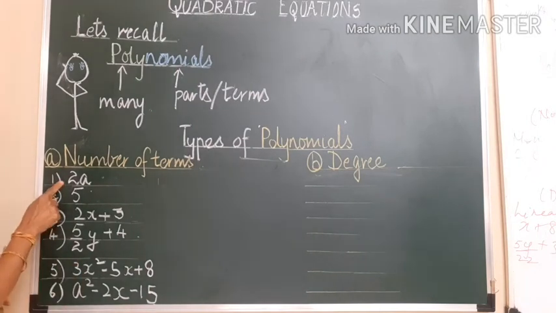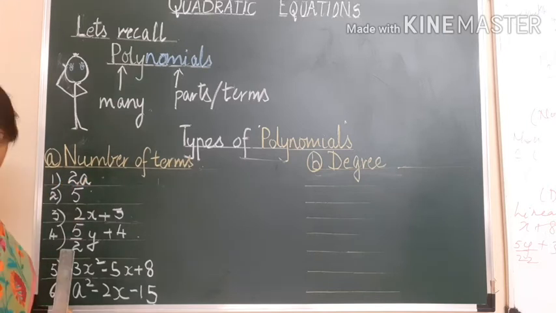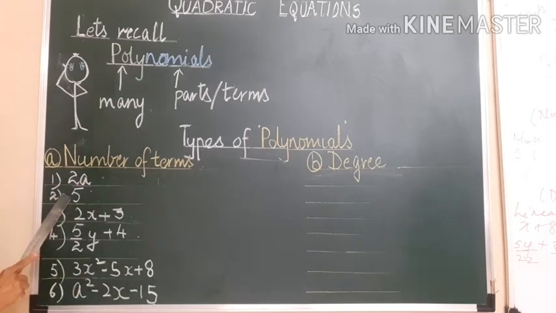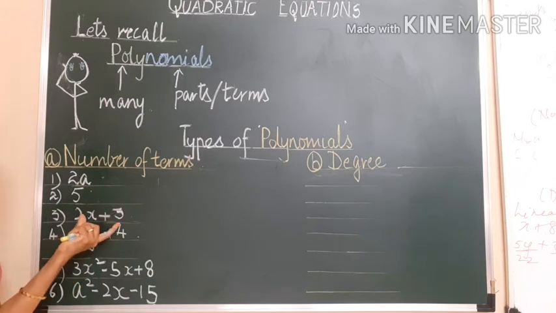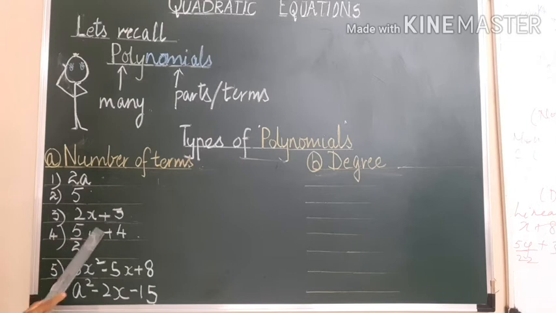In the first example, you see there is only one term, 2a. In the second, you have only 5. In the third, 2x plus 3. What can you see here, children? There are two terms combined together with the operation of plus. Again, in the fourth example, 5y upon 2 plus 4, you have two terms, 5y upon 2 and the second term, 4, combined together with the operation of addition.